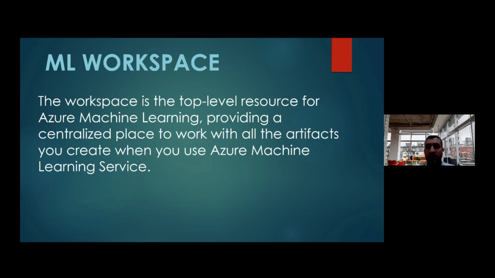So as you can see, the description is clear, providing a centralized place to work with all the artifacts. I tried to give examples of what kind of artifacts we might have, and we are going to see this in the demo while exploring the Azure Machine Learning Workspace, okay?